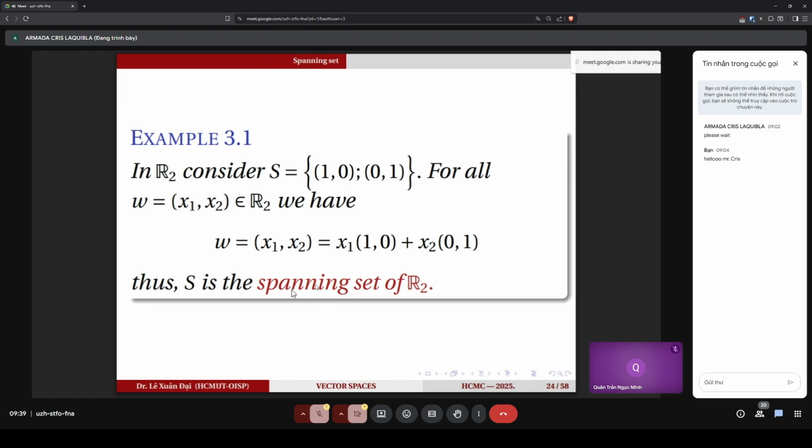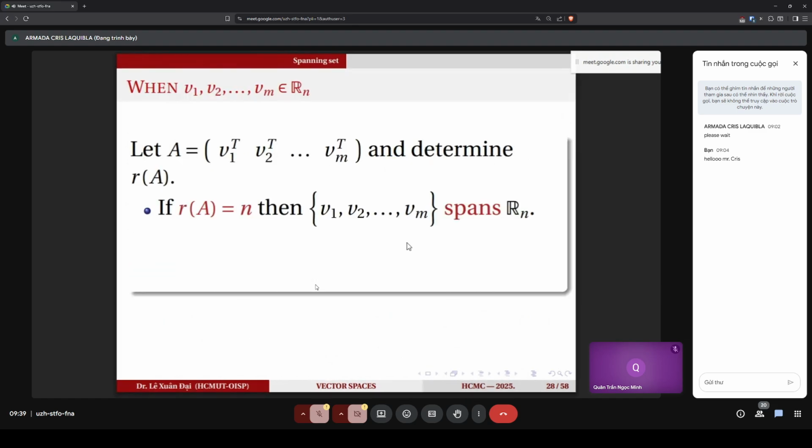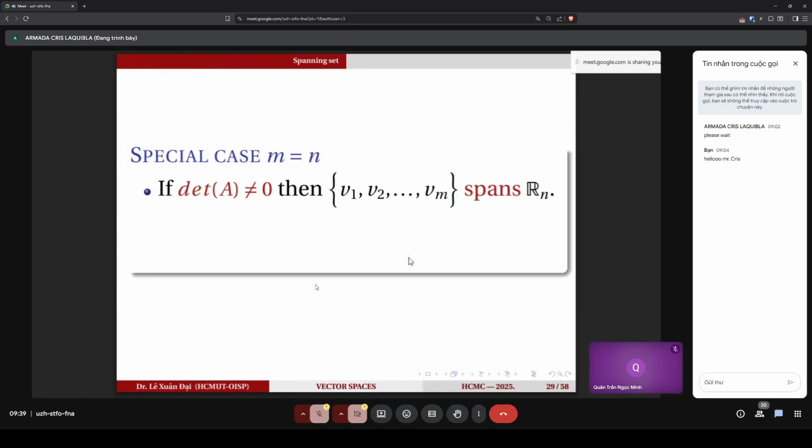It will span. So is this a linearly independent set? We have there 1 0 0 1 in the matrix. If you get the determinant here, the determinant is not equal to 0. It's equal to 1. So if the determinant is not 0, is it linearly independent?